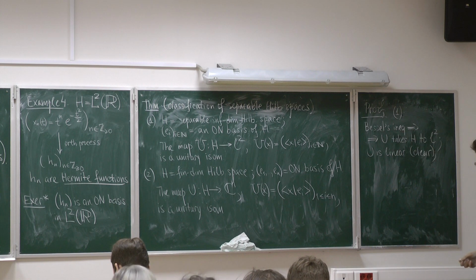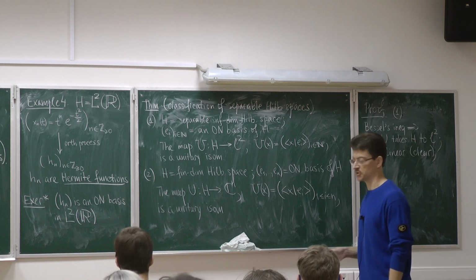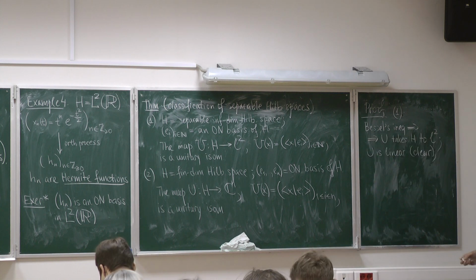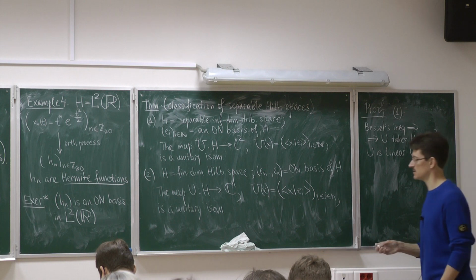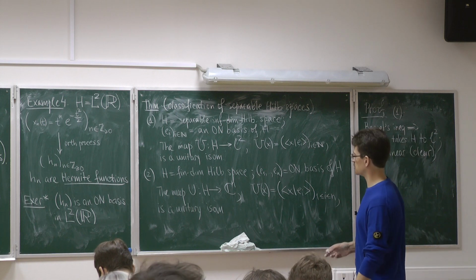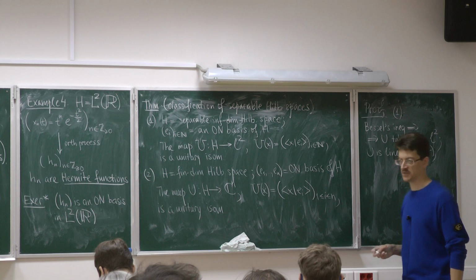And it was Proposition 2, so elementary properties of Fourier series. Proposition 2 implies that U preserves the inner product.